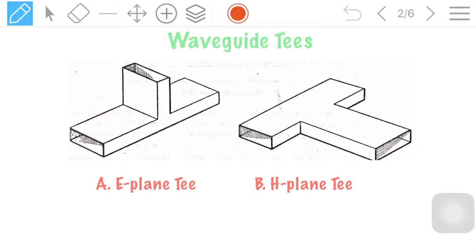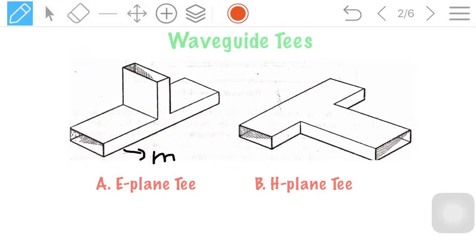In this case, I am considering two waveguides here. The first waveguide, see, this is a continuous one, whereas this is an extra added one. This extra added one is called the branch or the side waveguide, whereas the one which is continuous is called the main waveguide.